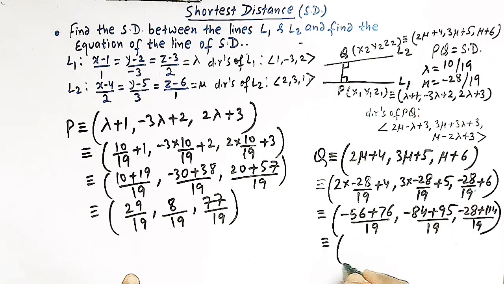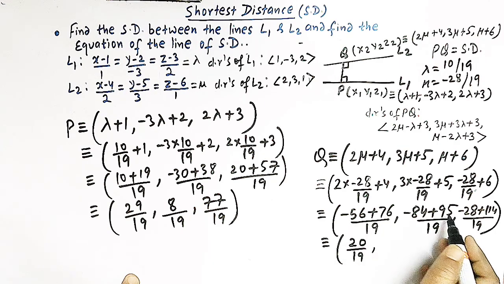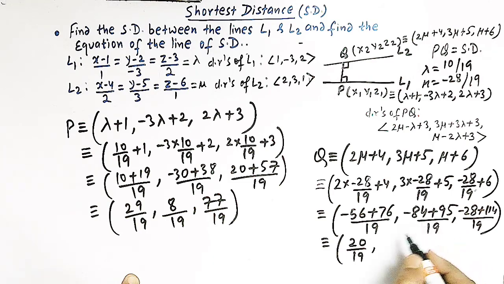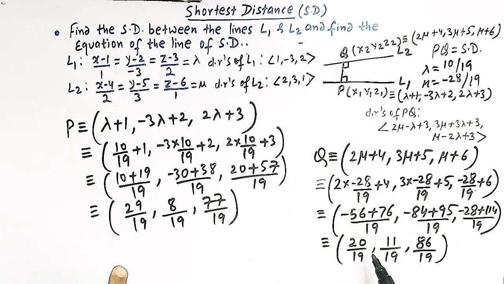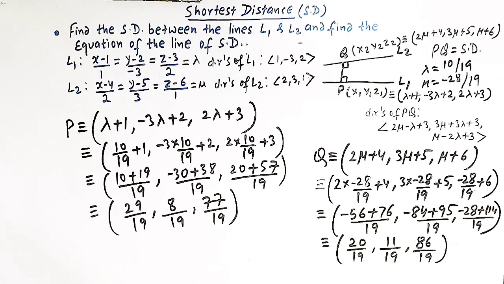So now we can write here 76 minus 56 is 20 over 19, and here we have 11 over 19, and here we have 114 minus 28 is 86 over 19, right? So the coordinates of the point Q are given by 20 over 19, 11 over 19 and 86 over 19.